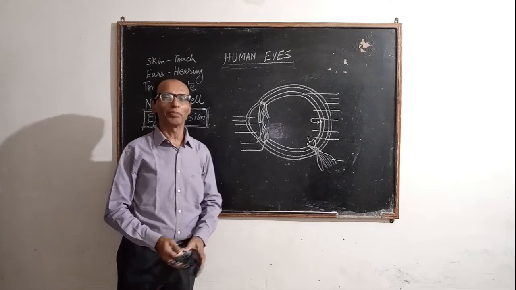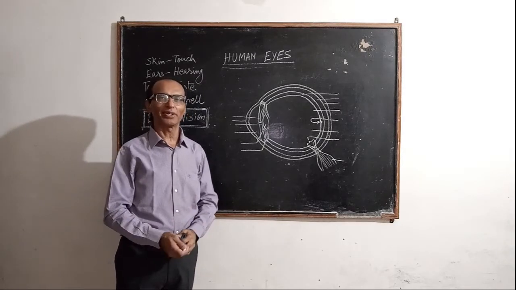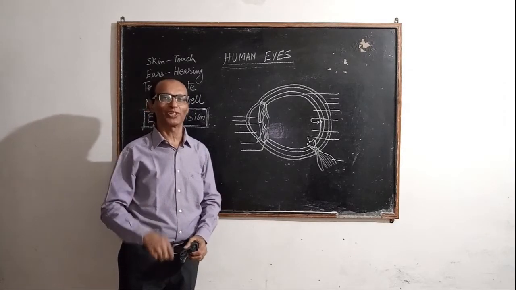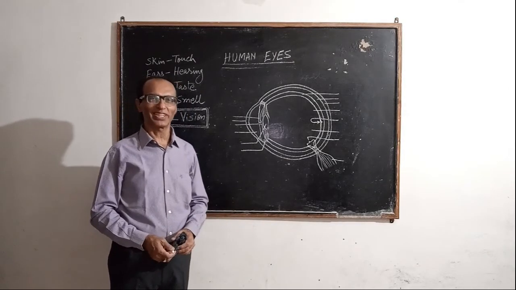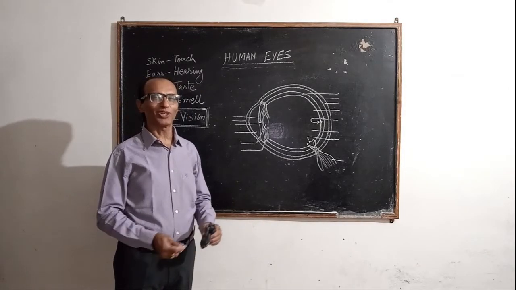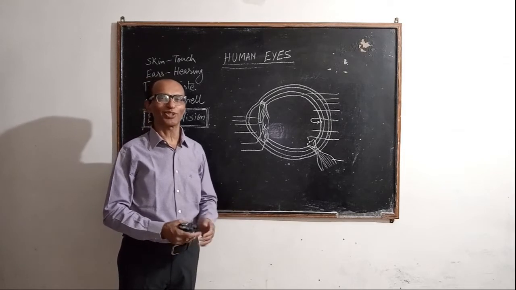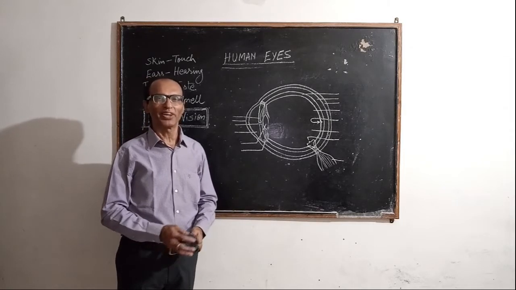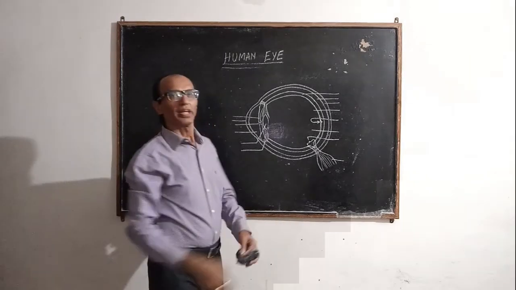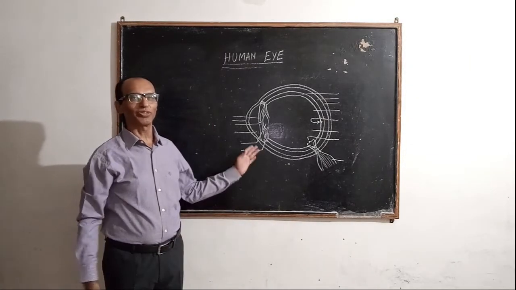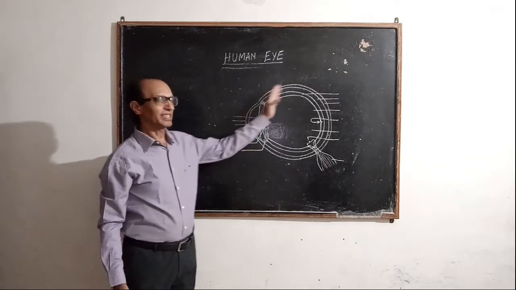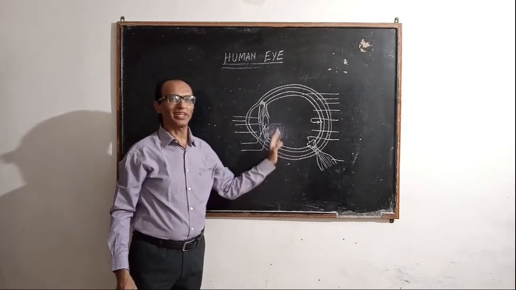Thanks for sending that reminder that this was an oversight as far as the sense organs are concerned. Let me now clear off these sense organs and begin with today's class. In our last class, we talked about the structure of the eye, and a diagram was drawn there.